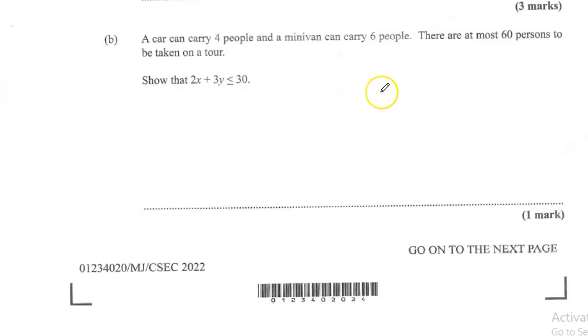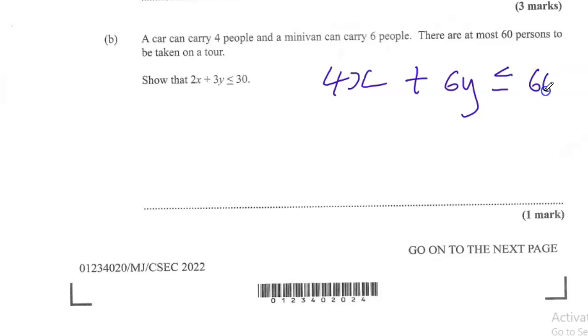A car can carry 4 people, so 4x. So one car would carry 4 people. If x is 2, you'll get 8. 2 cars will carry 8 people, and so on. And a minivan, 6y. And that must be less than or equal to, at most, so 60 or less.